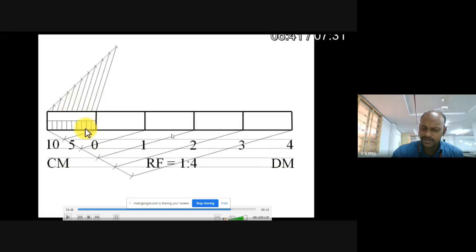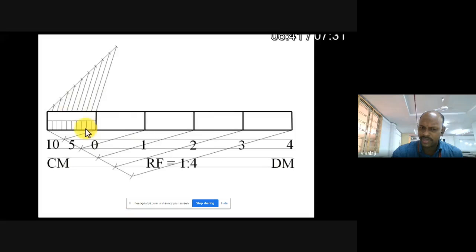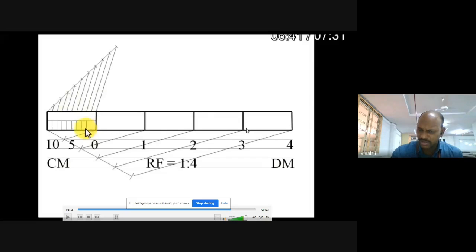As far as a plain scale, if you take your ordinary scale, as you said, it is correct. You can directly take 3 decimeter and 7 centimeter by dividing between 3 and 4. But suppose I require between 1 and 2, again I need to divide that part. If I require between 0 and 1, again I need to divide this one.